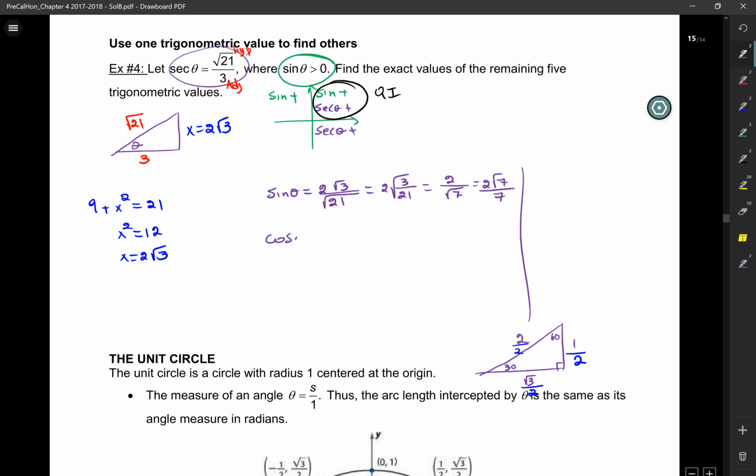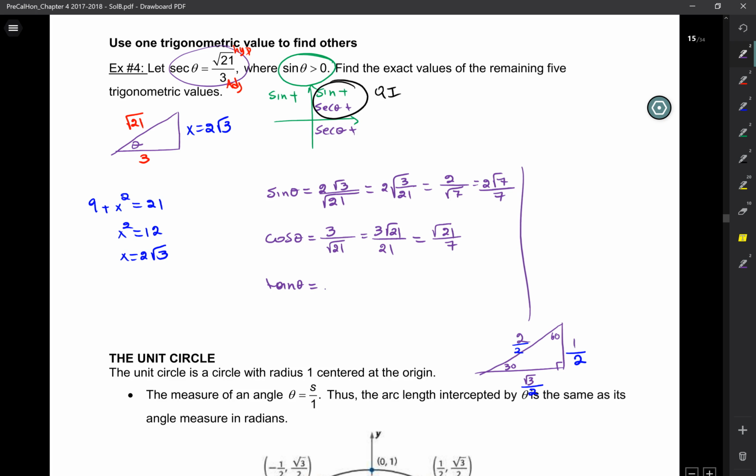Okay, cosine of theta is going to be 3 over root 21, which is equal to 3 root 21 over 21, which is equal to how much? Right. Okay, tangent of theta, 2 root 3 over 3. All right. Now, cosecant of theta, I take the reciprocal of 1 step over.